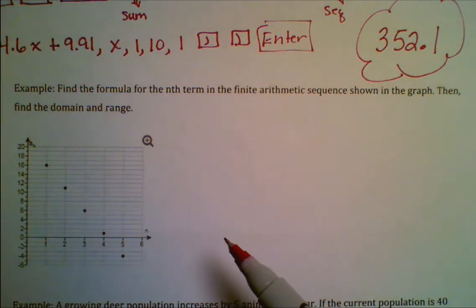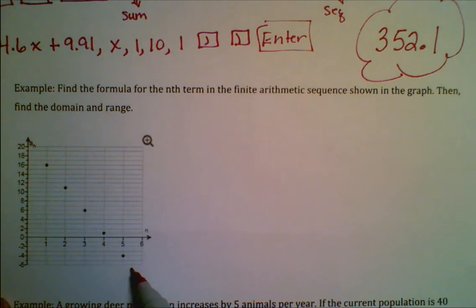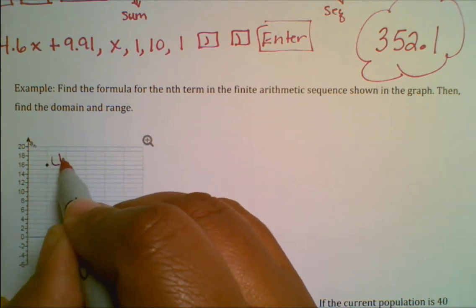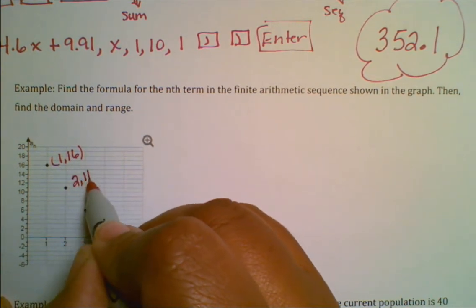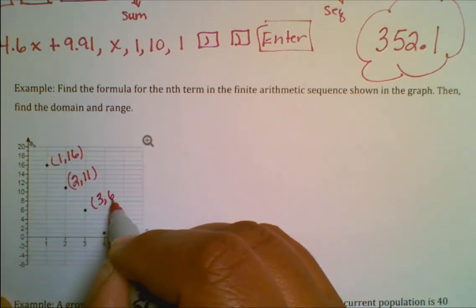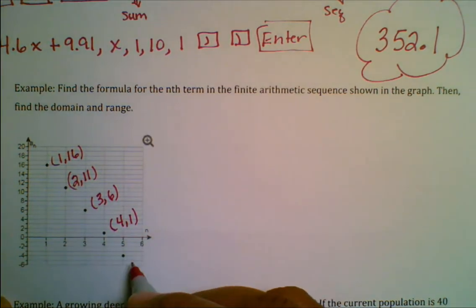But before we start, let's identify each of these points on this graph. We have (1, 16), (2, 11), (3, 6), (4, 1), and (5, -4).